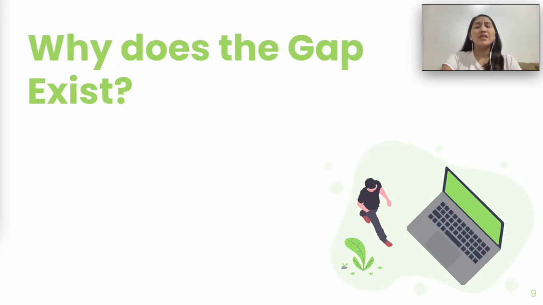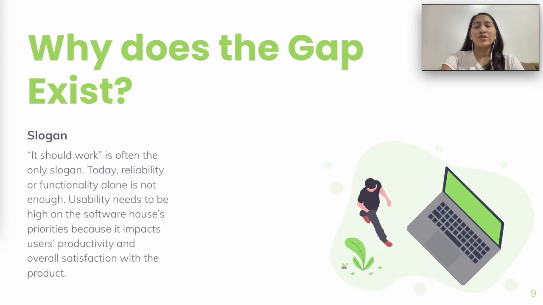So, bakit nga ba nag-i-exist yung mga gap na to? Pag-usapan natin yung rason. Una, yung slogan na ginamit mo sa development. Minsan, ang slogan natin sa development ay, kailangan gumana lang. So, it should work is often the only slogan. Today, reliability or functionality alone is not enough.